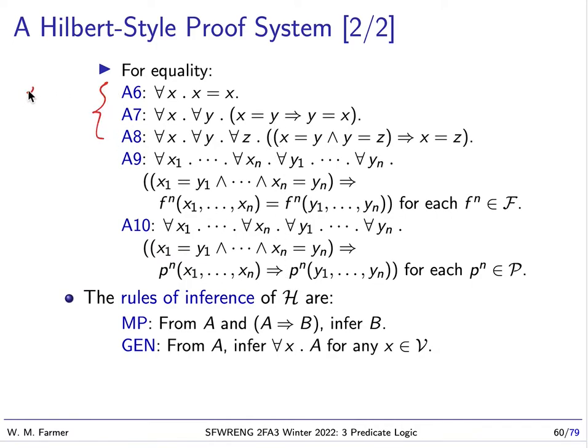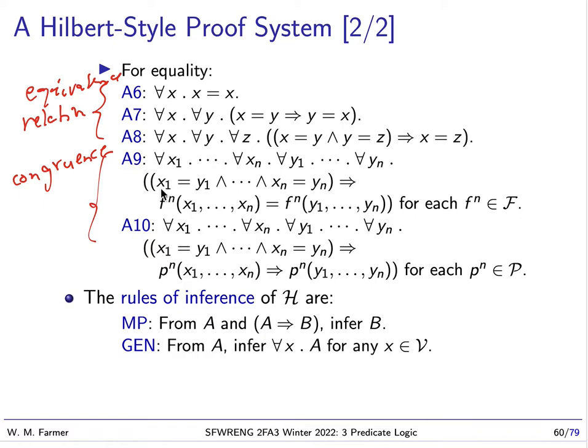These are the axioms for an equivalence relation. And these are the axioms for a congruence. The importance of a congruence is that, because of these axioms, we can always substitute equals for equals. If we know that A and B are equal, we can replace A with B without changing the value of the formula we start with.